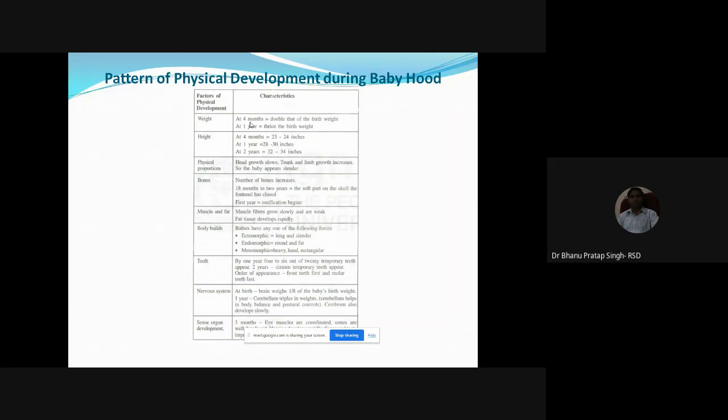So this is the kind of physical development. Even teeth come. The general question may be how many teeth a human has. The answer may be 32, but no, 32 teeth come only at the adolescent age. Otherwise, it is only 16 to 28 like that.